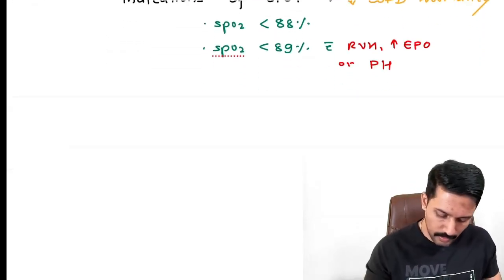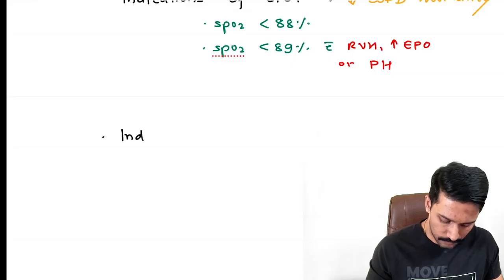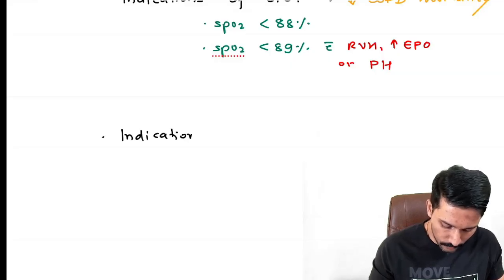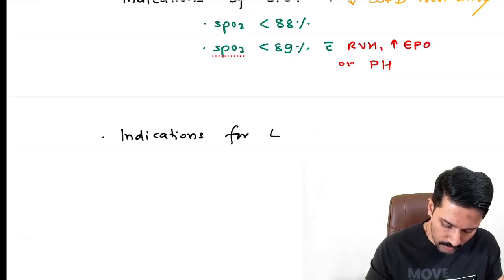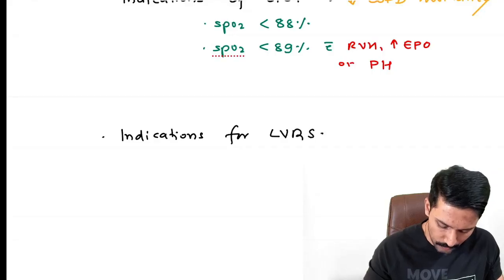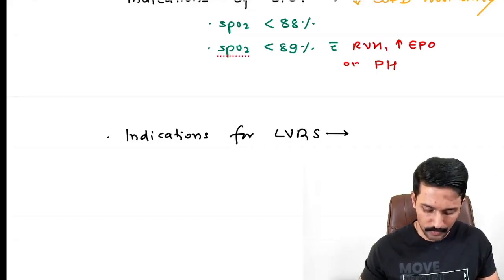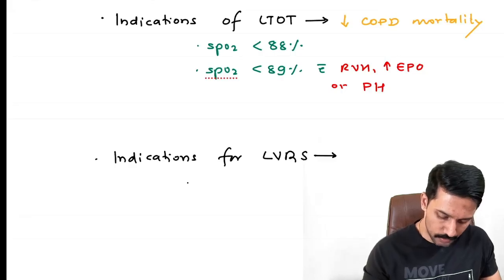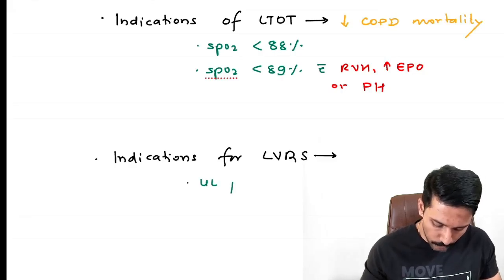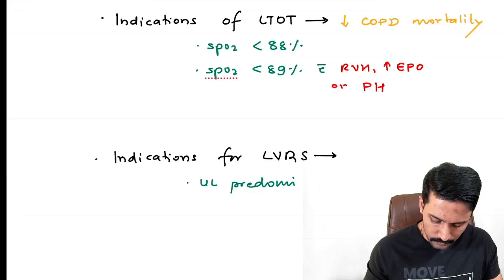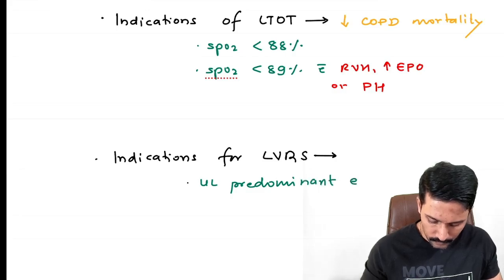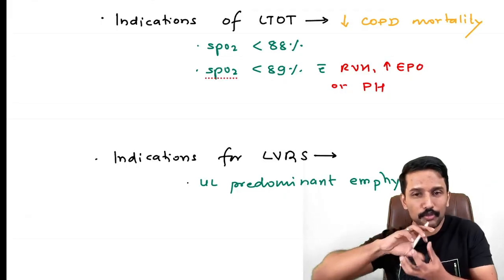Okay. And then they may also ask the indications for a procedure called lung volume reduction surgery. It is done for patients with upper lobe predominant emphysema. That emphysema, if it is up in the upper lobe, we can chop that lobe off.